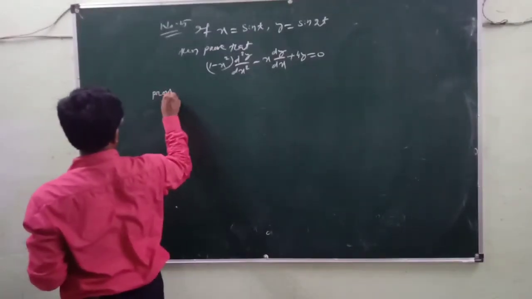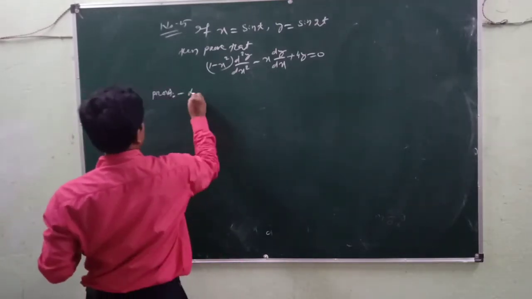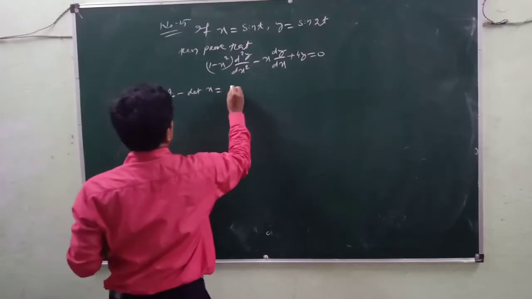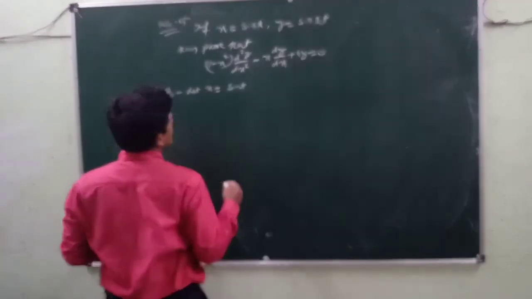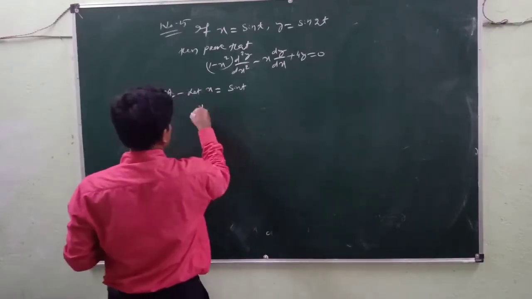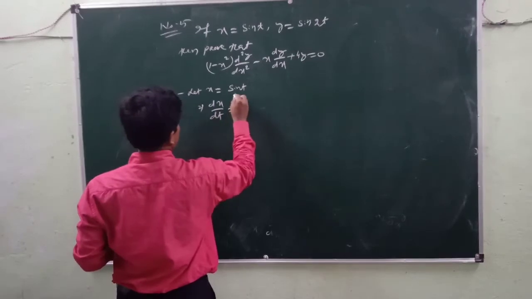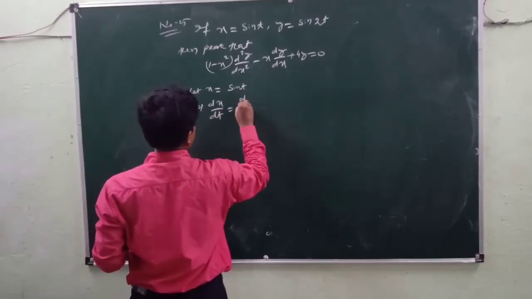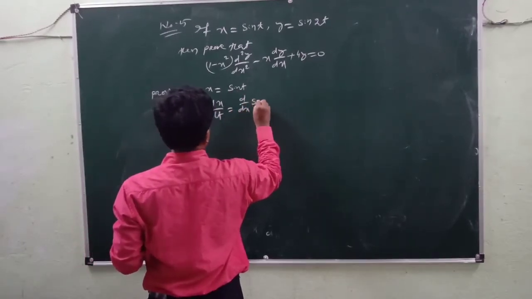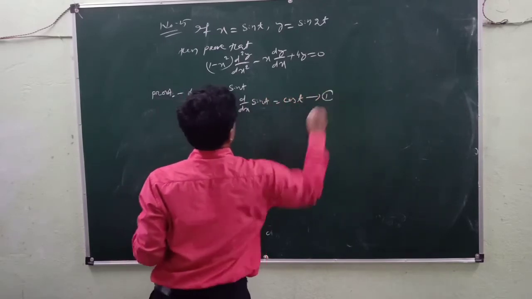So let x equal to sin t, and since we take x equal to sin t, dx by dt equal to derivative of sin t, it is cos t.